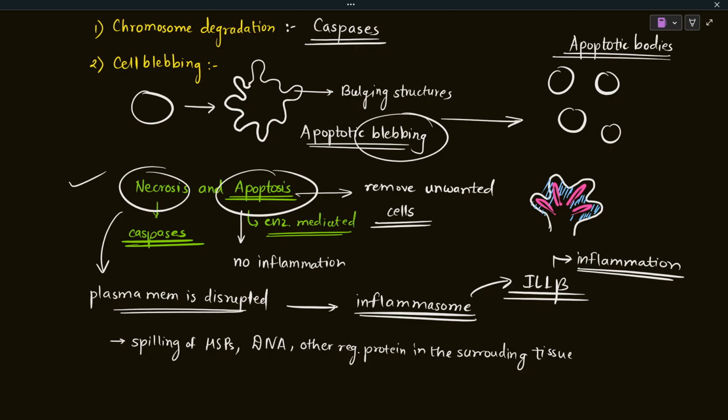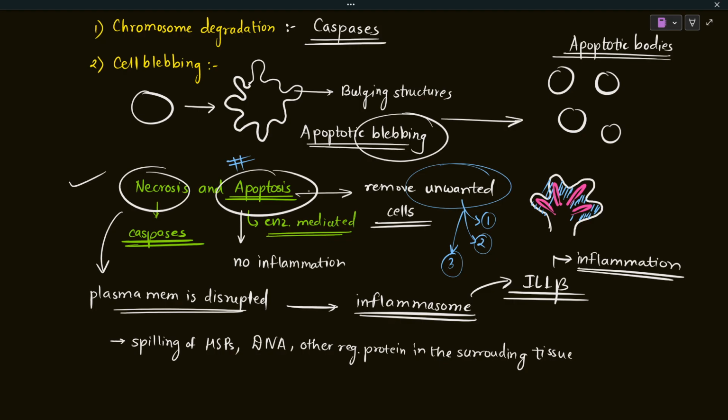The cell could be unwanted due to multiple reasons. Maybe it has damaged DNA, maybe it is migrating abnormally, maybe it has no significance in that place during development. In all those circumstances, the cell opts for the apoptotic mechanisms.